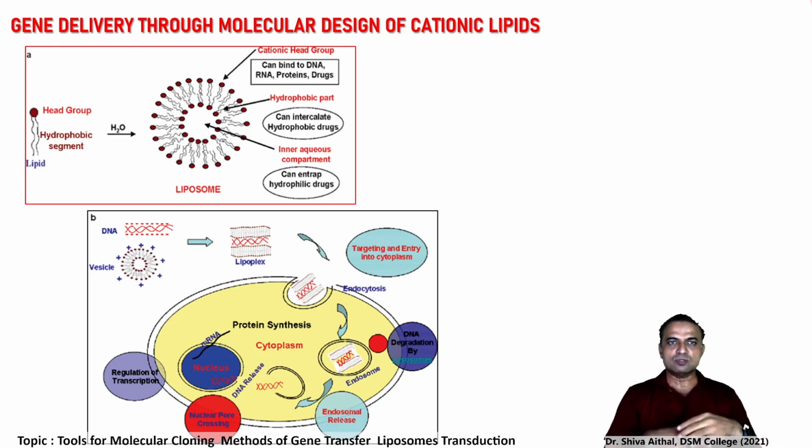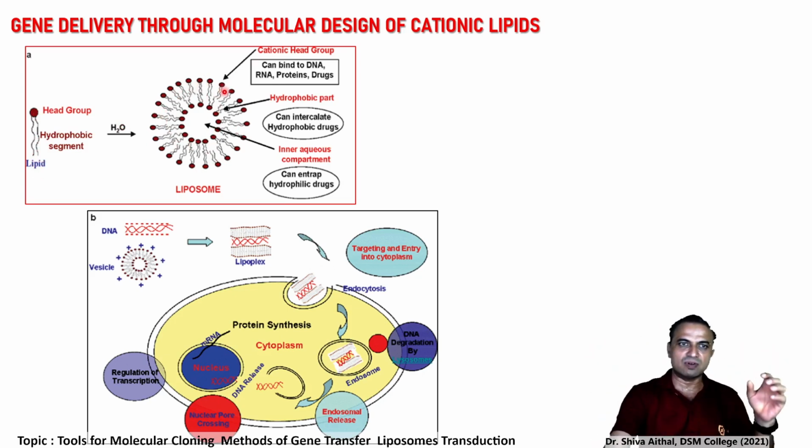The gene delivery through this molecular design of cationic lipids is very simple. As you can see, there is the head and the hydrophobic segment; this is a lipid. In the presence of water it forms a globular, circular structure. The cationic head groups are present on the outside as well as on the inside, and in the core there is an aqueous compartment.